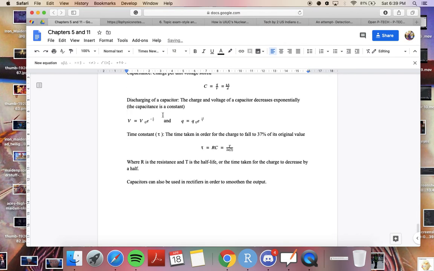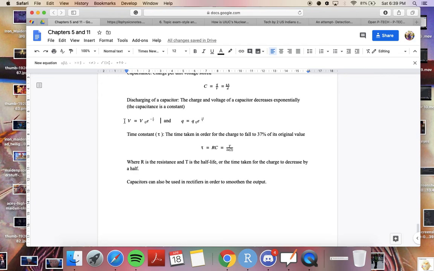Next we have discharging of a capacitor. So when you put a capacitor into a circuit, it will automatically discharge because of the potential difference that's there between the two plates. And when they discharge, the charge and the voltage of the capacitor will decrease exponentially. So you have an exponential decay in this case. And using that, we have similar formulas to what you have in chapter 7 or chapter 12.